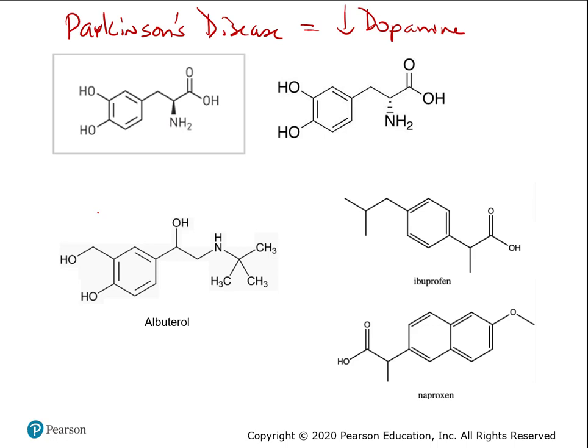Unfortunately, dopamine also plays a role in mood. So people that have Parkinson's oftentimes have depression, and they can have mood swings, because dopamine along with serotonin all factor into overall mood. Dopamine also has a role in memory. So oftentimes people with Parkinson's also develop some form of dementia.